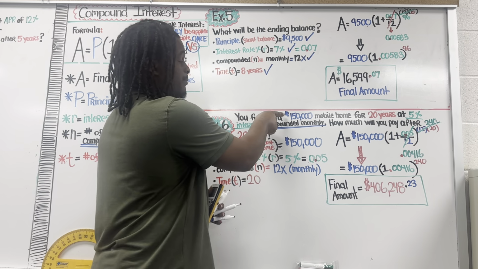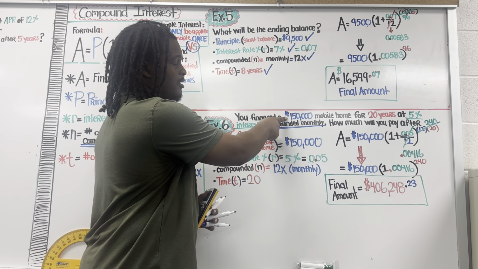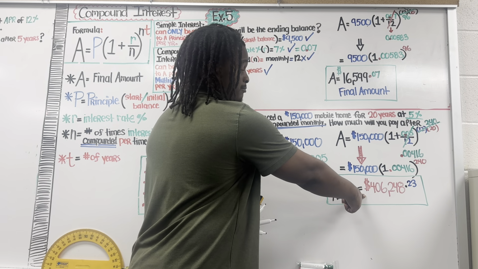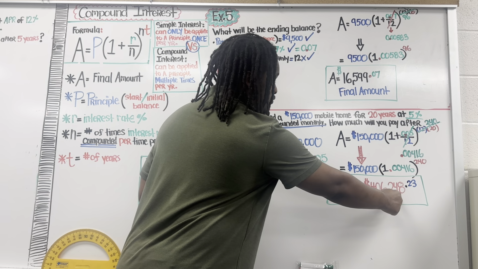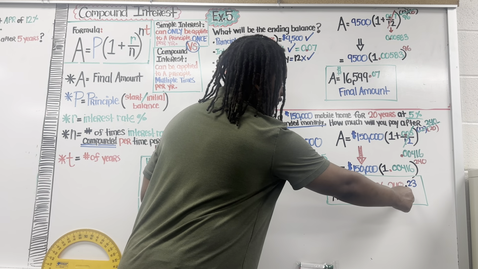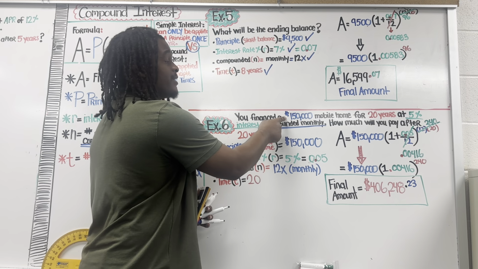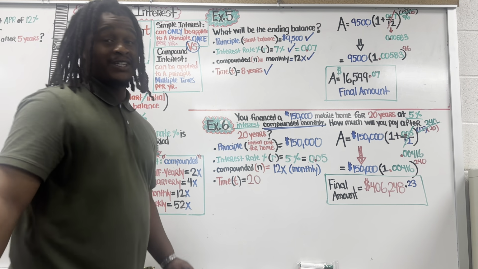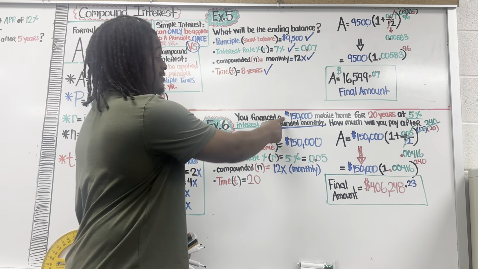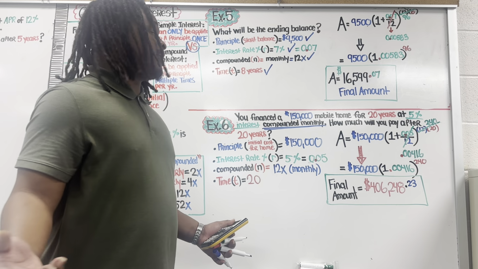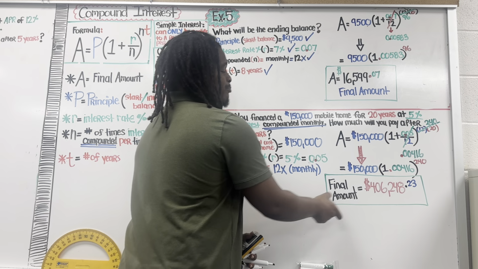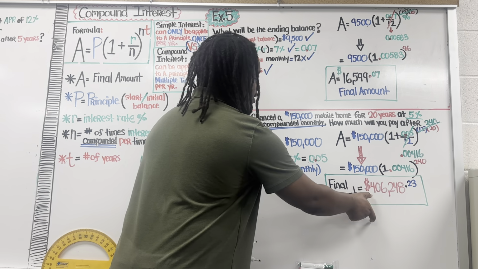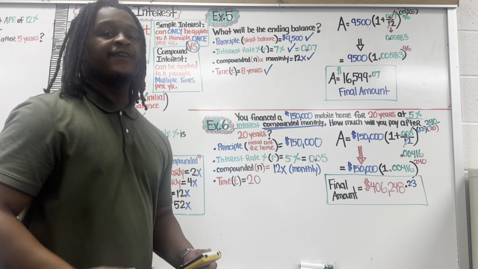Because you could be paying on something that only costs this amount, but you're about to pay more than twice the amount, right? $406,248.23 is more than twice the amount of 150,000. 150,000 times 2 is 300,000, right? So this shows you that with interest, you're going to end up paying way more than what you paid for, if you're in debt.